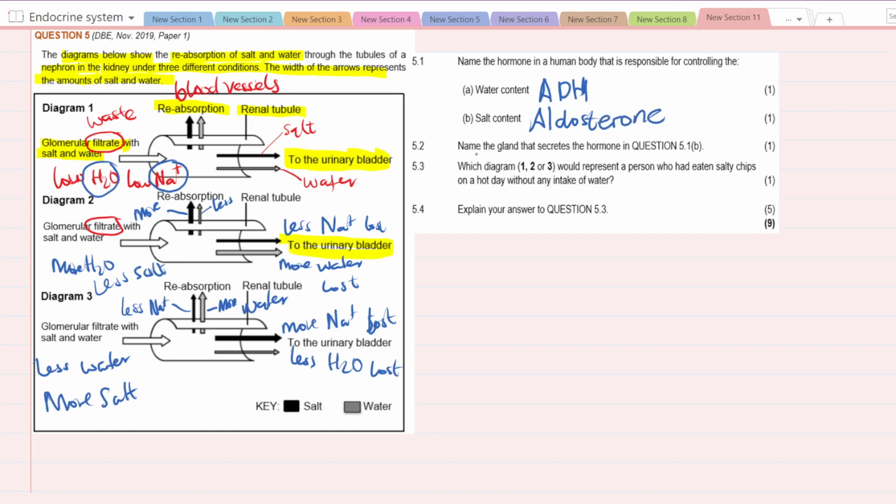Then they say name the gland that secretes the hormone in 5.1.b. Which gland secretes this hormone?